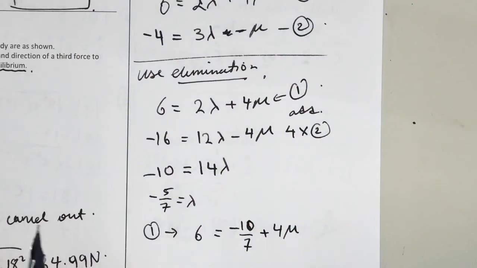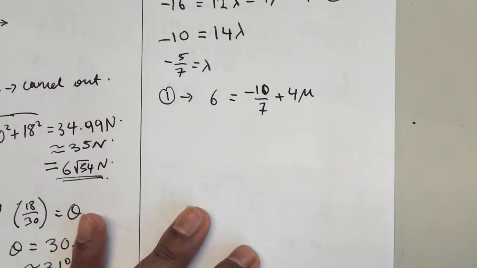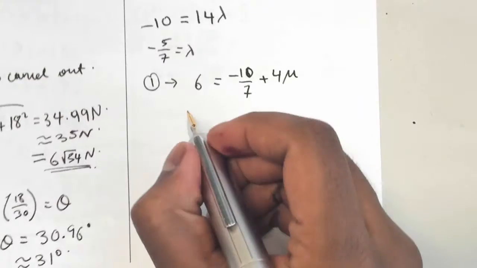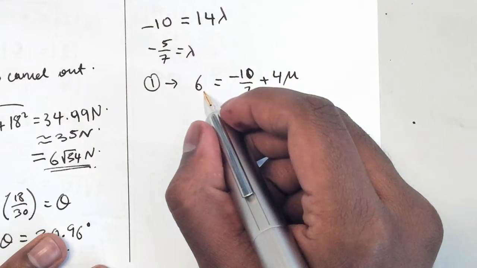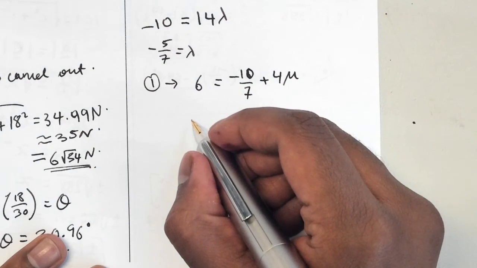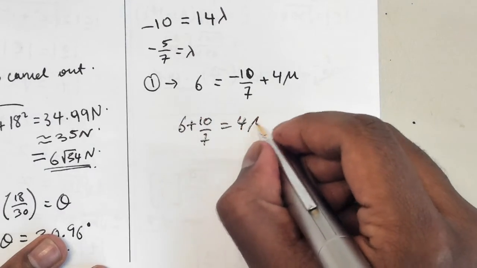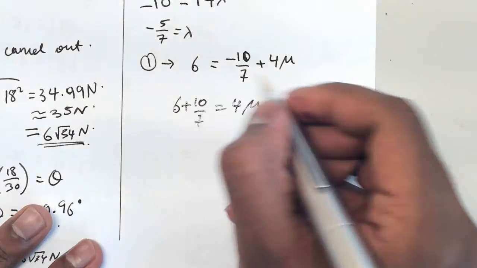Hold on, let me keep going. Alright, so we're going to now move this over to that side. 6 plus 10 over 7 equals 4 mu. So I've moved this over to that side.